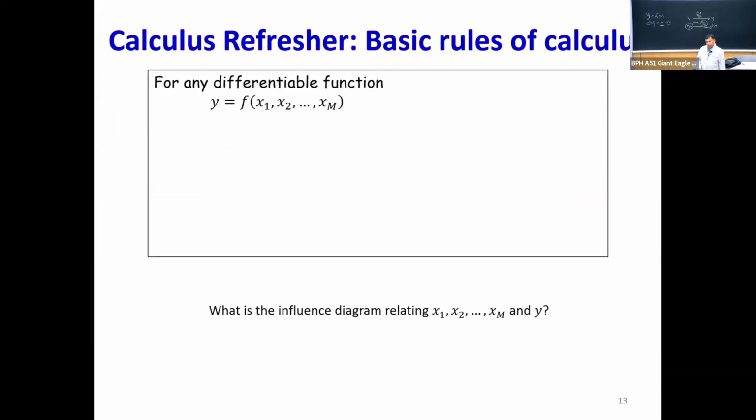For each of the different inputs into y, the x1, the x2, each of these is going to individually influence y. This picture making sense, right? And so what would the edges contain using the same notation? The individual derivatives. So this is going to be the partial derivative of y with respect to xi.